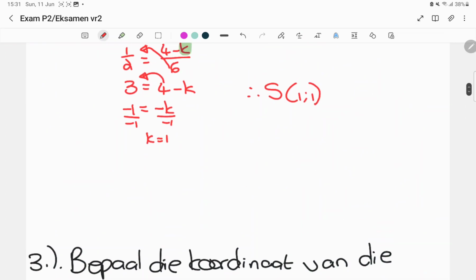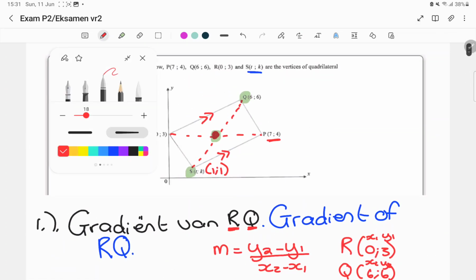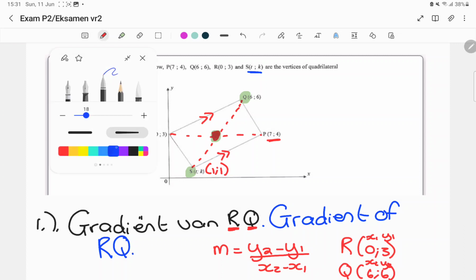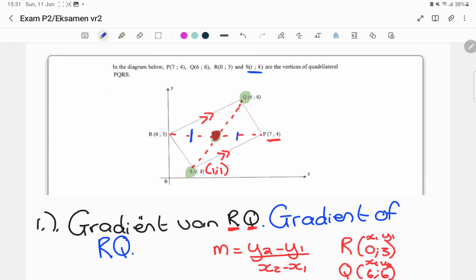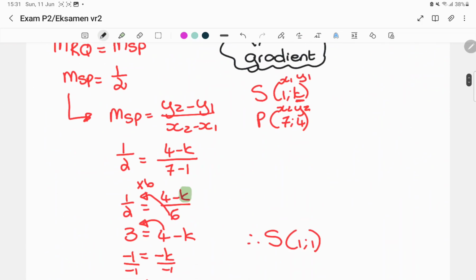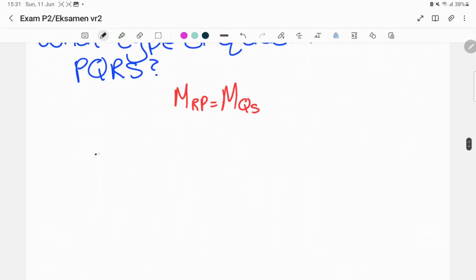Means that if these two have exactly the same midpoint, so let's quickly go back to the sketch. So both of them have exactly the same midpoint there. It means that this line has to be equal to that line. And this line has to be equal to that line. Alright, so we know that this shape here is a parallelogram.